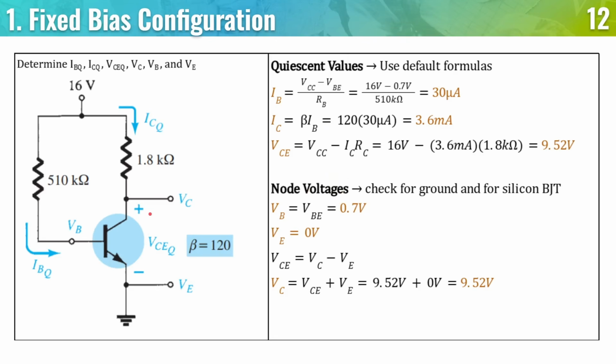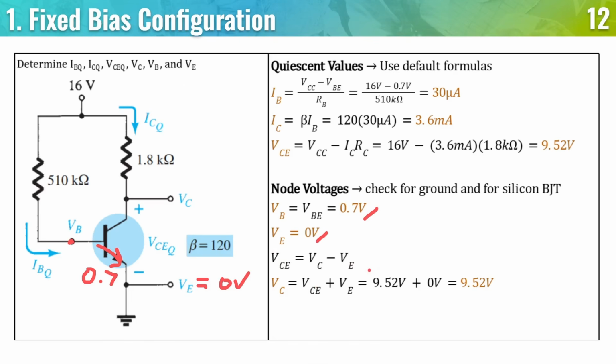For the node voltages, we can draw them here, or rather, they're already here, VB, VC, and VE. Since VE is connected to the ground, we can say that VE is equal to 0. Also, if this across the silicon BJT is a 0.7 volt voltage drop, we have VB minus 0 is equal to 0.7, or simply VB is equal to 0.7.